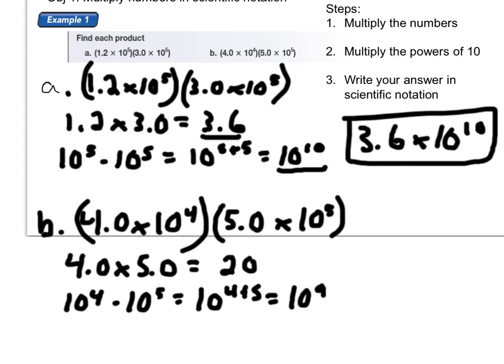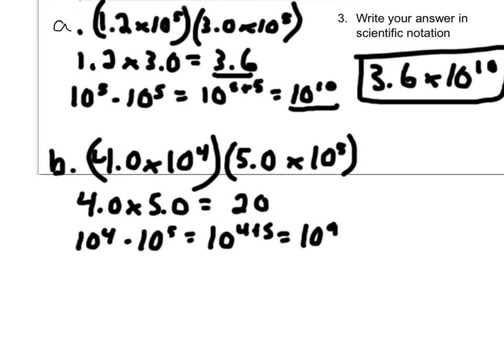Now I'm going to combine those numbers, 20 and 10 to the 9th, and put them in the format for scientific notation. However, this is not scientific notation because this number needs to be between 1 and 10. So I need to put a decimal in somewhere where it's going to be between 1 and 10. The first thing I'm going to do is write this number out in standard form.